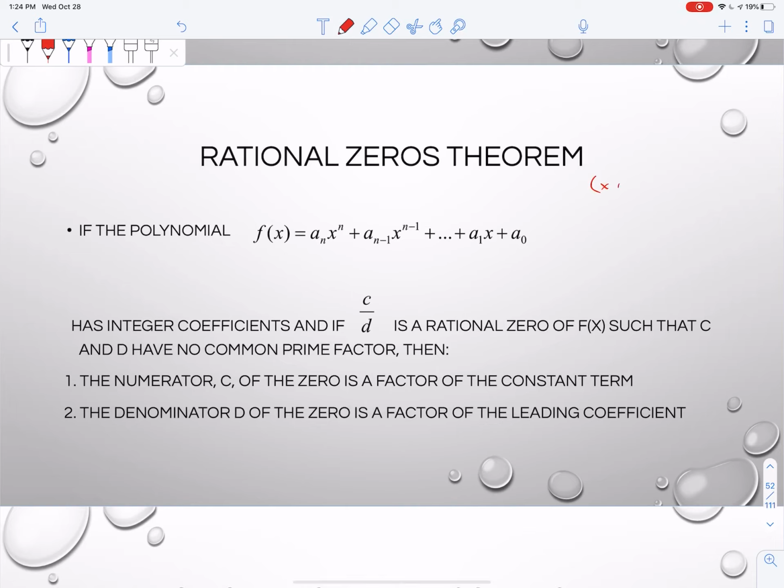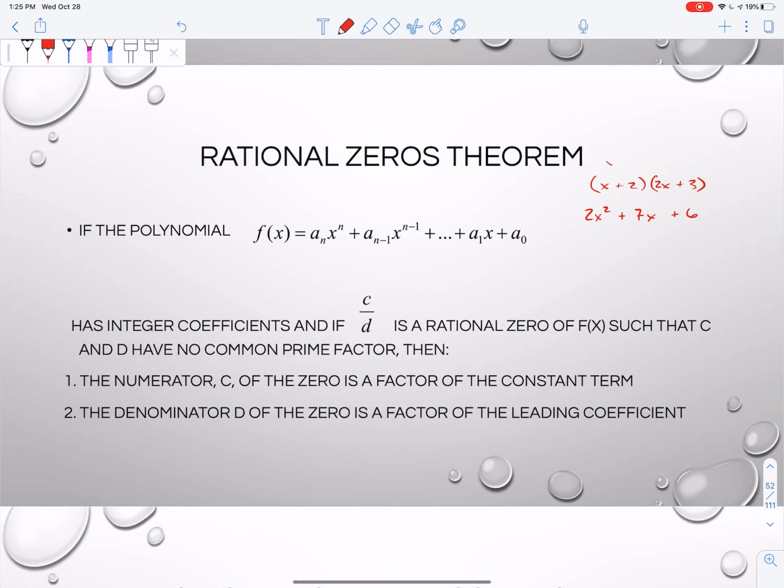So let me give you a very basic example here. If I had this and I FOIL it out, we're going to have 2x squared, plus 3x plus 4x, or 7x, and plus 6.